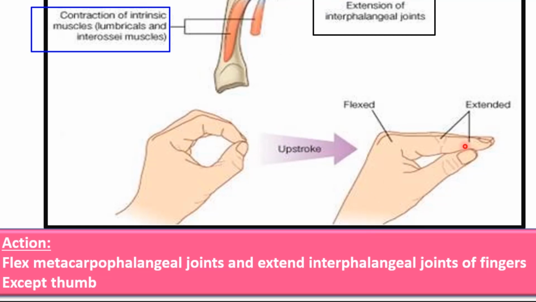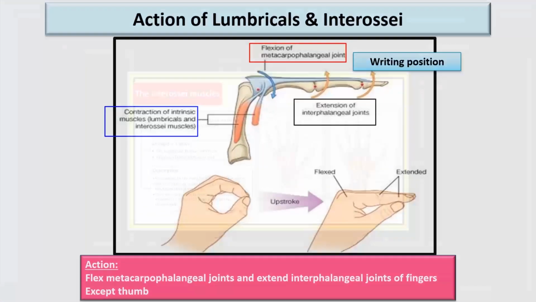Sometimes some persons refer to it as a writing posture, and then the other as the posture of the snake that's about to strike. Whatever helps you to remember it, just know that the function of the lumbricals and interossei at the metacarpophalangeal joint is to flex, and then at the IP joint is to extend.